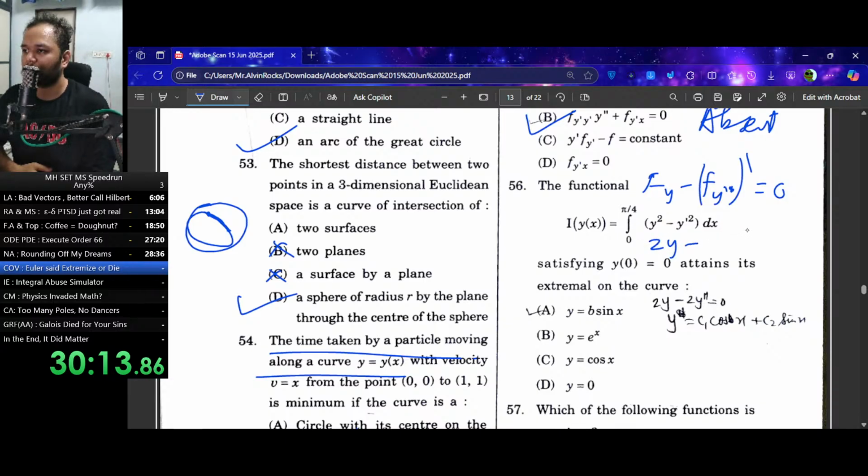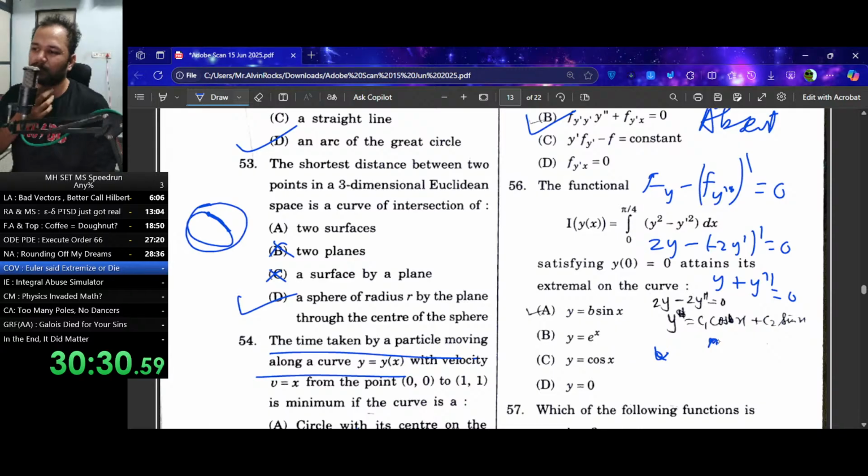So 2y minus 2y double prime is equal to 0. So y plus y double prime. Auxiliary equation will give me m square plus 1 is equal to 0. So y is equal to c1 cos x plus c2 sin x.